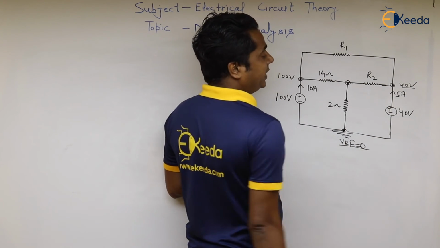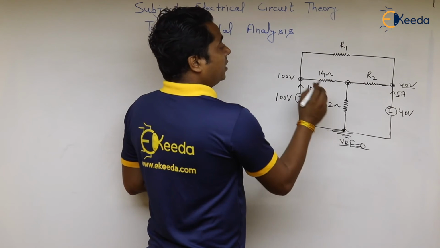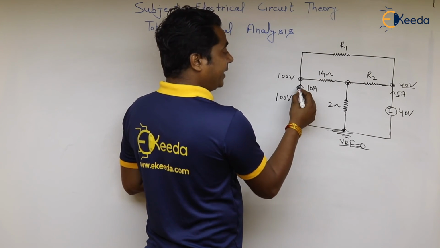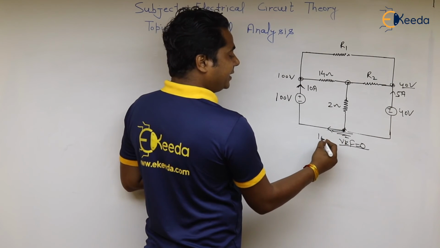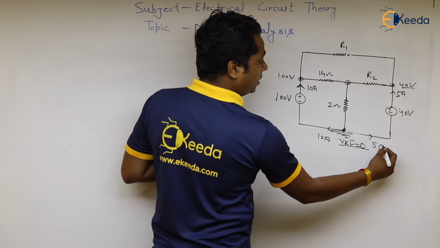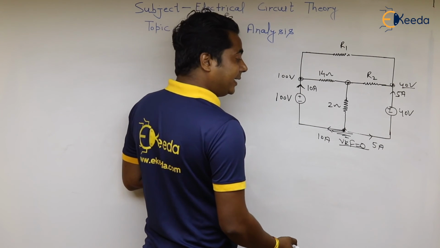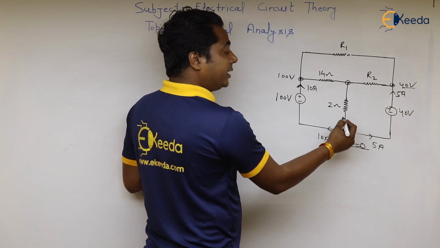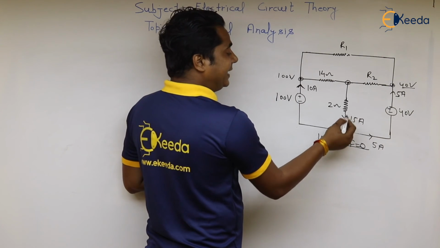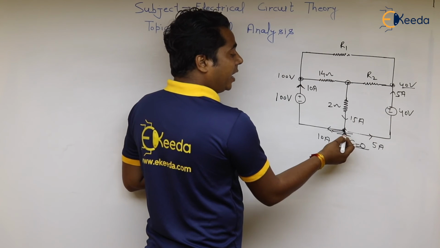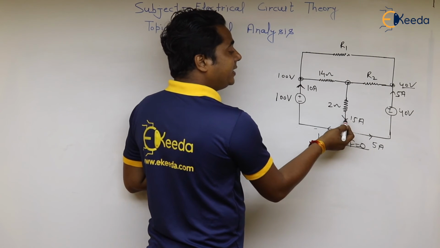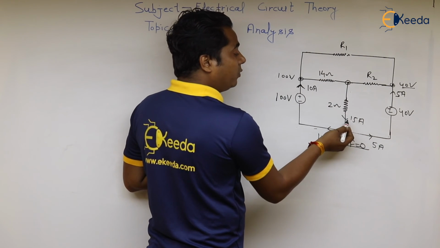And the current flowing, if we see, 10 ampere is here and 5 ampere is here. When we apply the KCL, then a current of 15 ampere will be here. It means 15 ampere is coming and it is diverting into 10 ampere and 5 ampere, and the current is flowing from upward to downward.